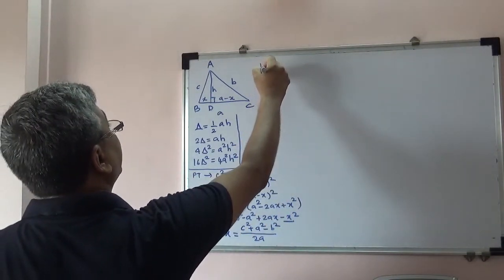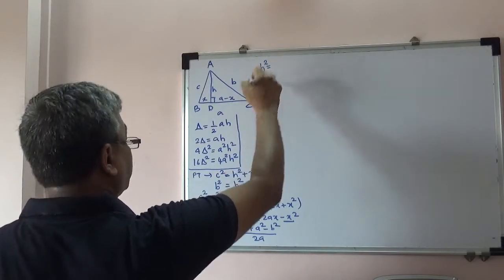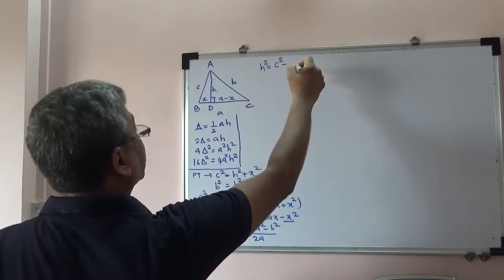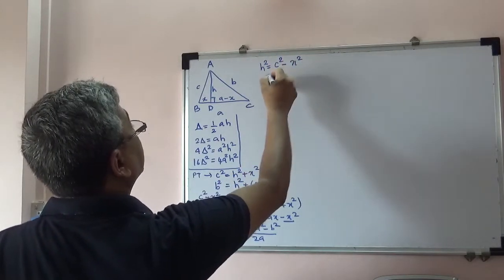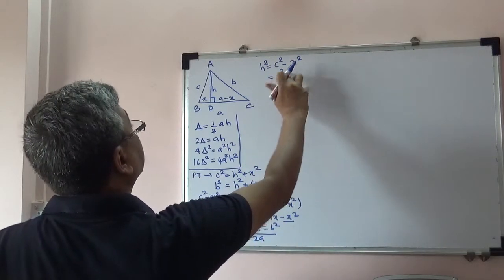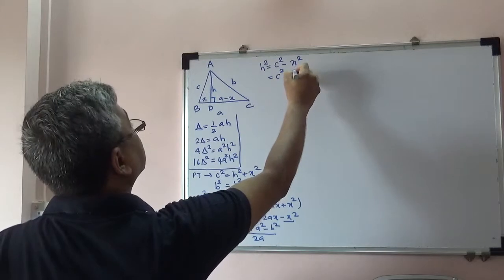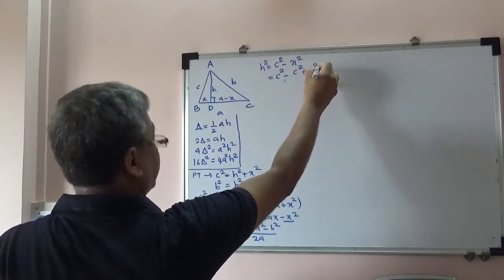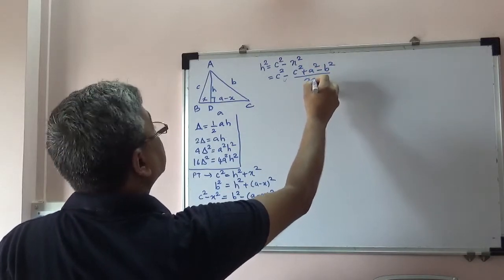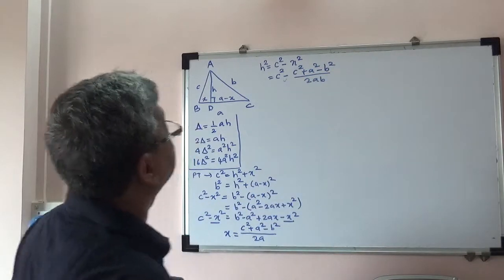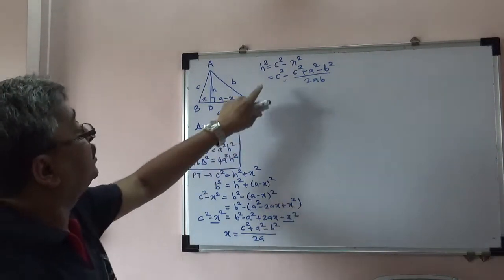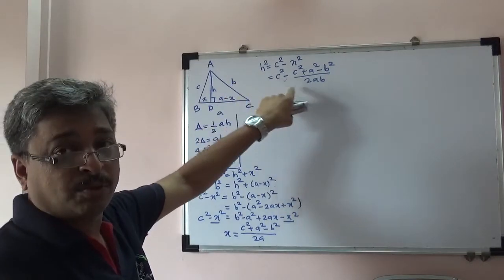So h square is equal to c square minus x square, but x square is equal to this whole quantity. So c square minus ((c square plus a square minus b square) upon 2a) whole square. Is that right? Now it is pure algebra. Actually we have achieved h in terms of a, b, c.